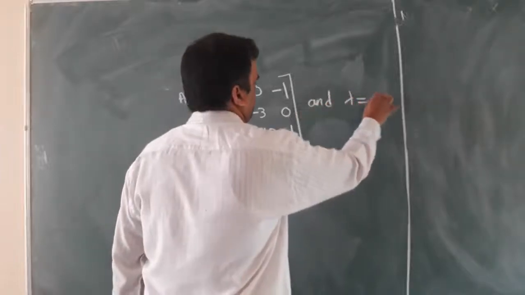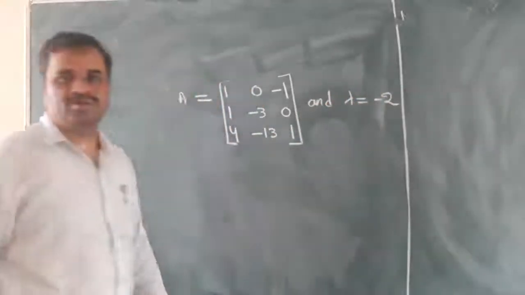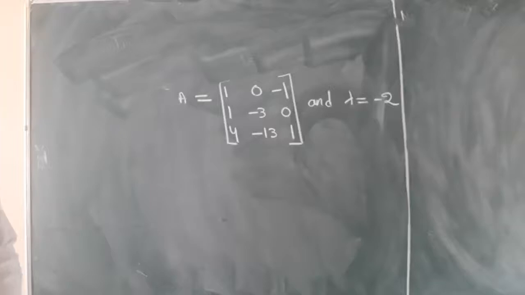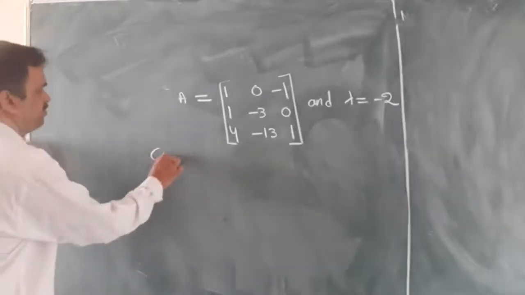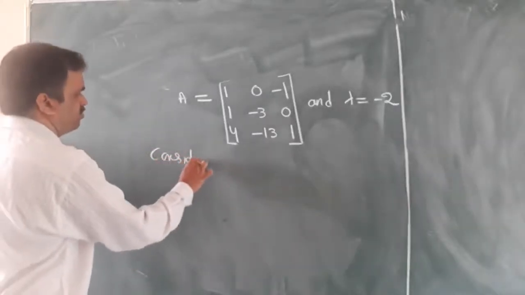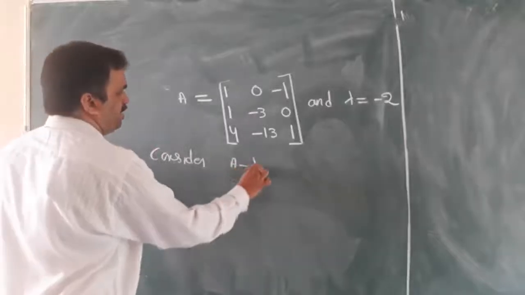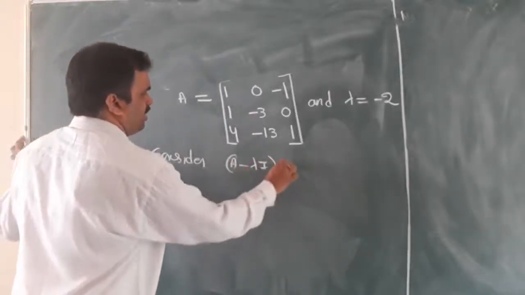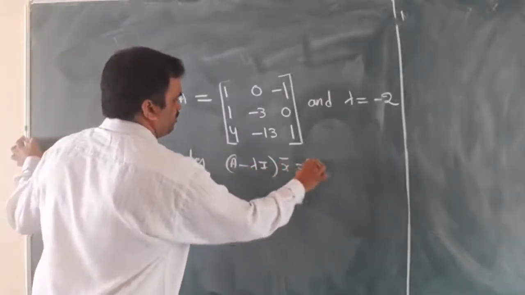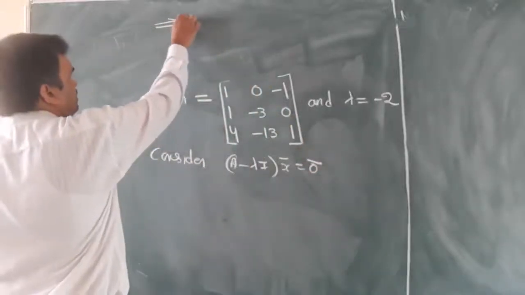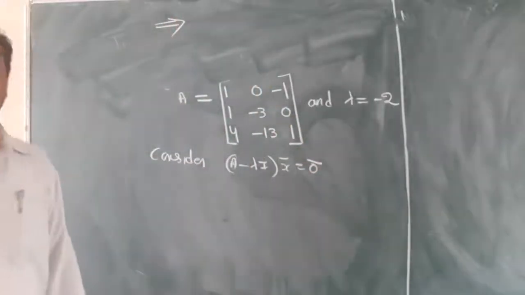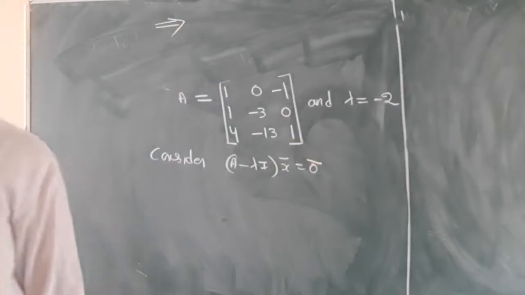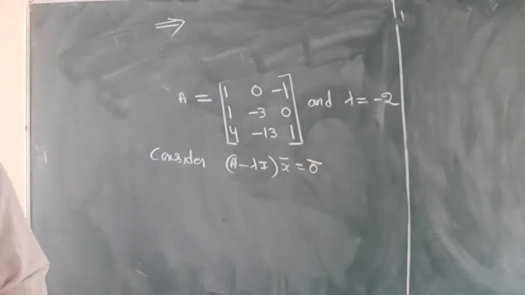Minus 2. Lambda equal to minus 2. Consider A minus lambda I x bar is equal to 0 bar.